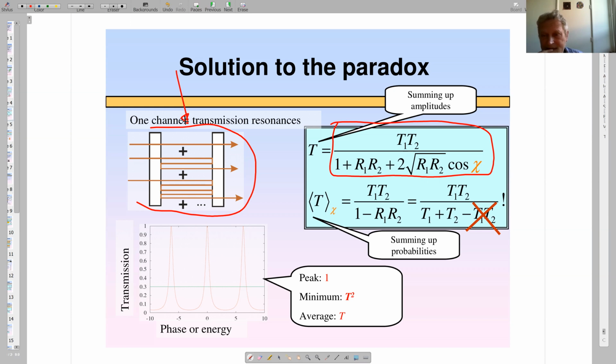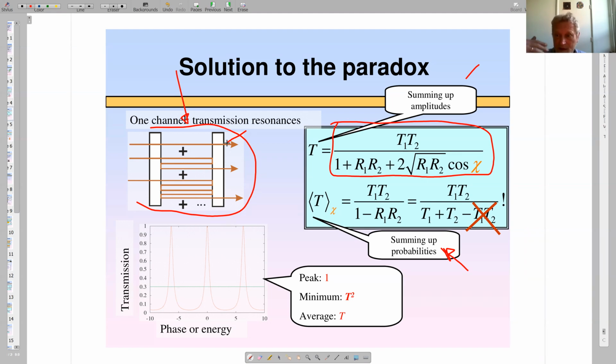Good. Let me see what will happen if we average over phases. So, in fact, we don't sum up amplitudes anymore. We sum up probabilities. There are certain probabilities to get through the structure a certain number of bounces, and I sum up all of them.